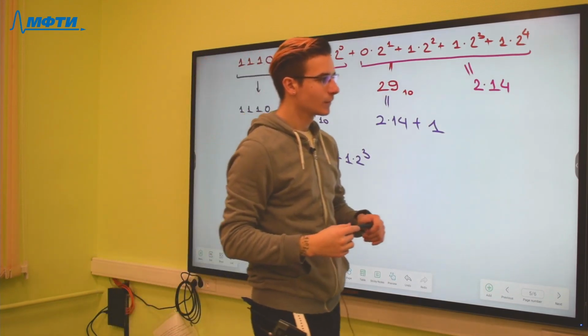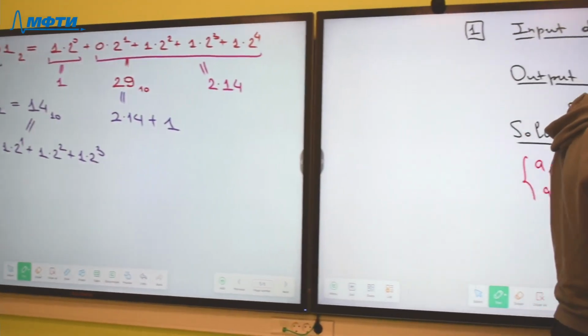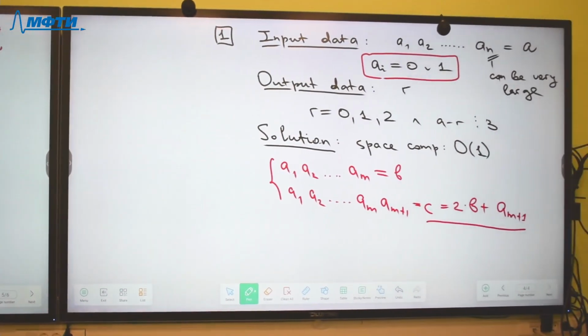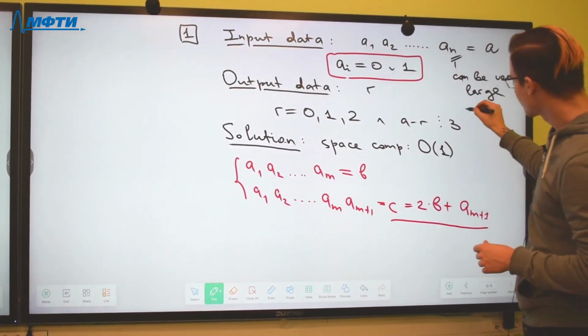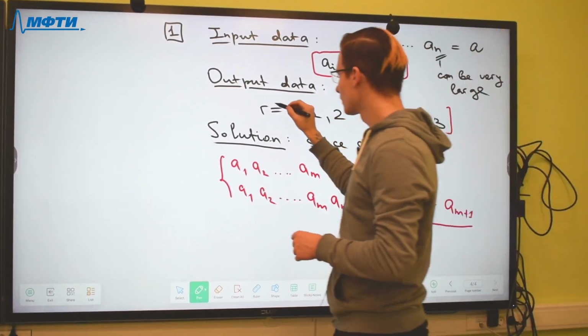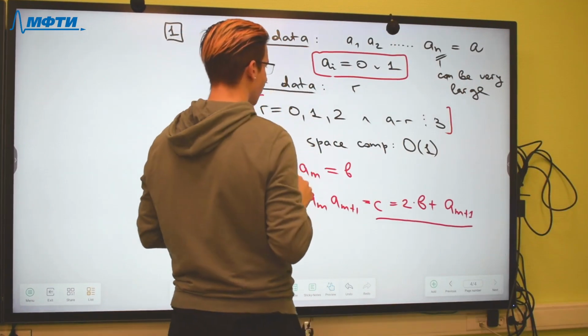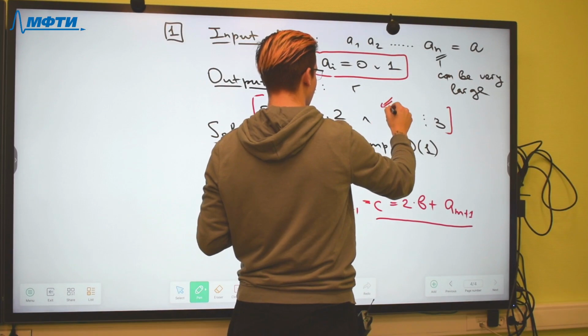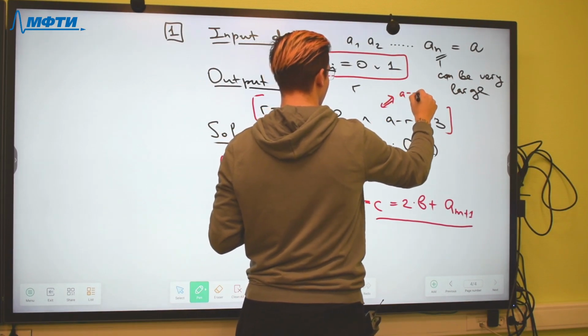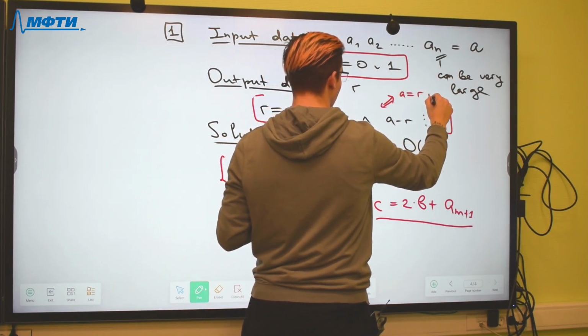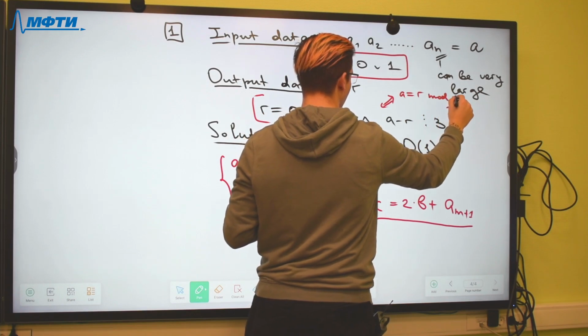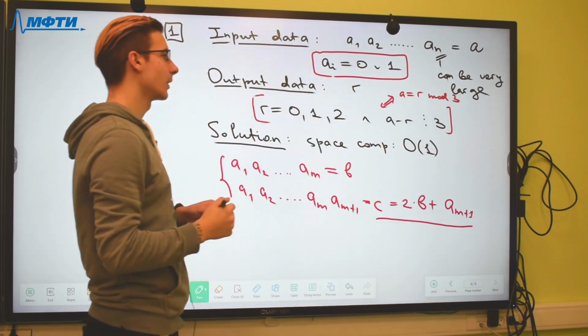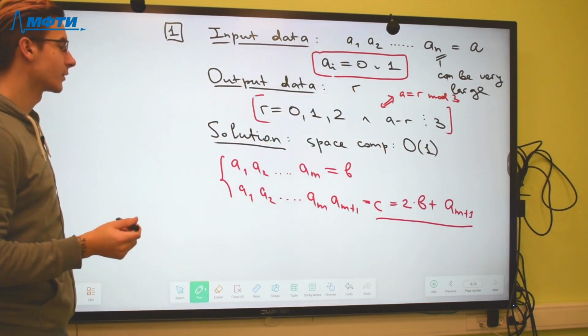So if we return here, we can say that if this is true, A is equal to R by modulo 3.